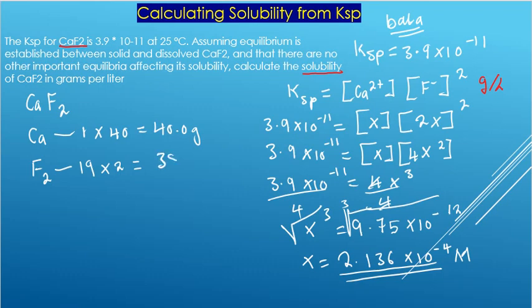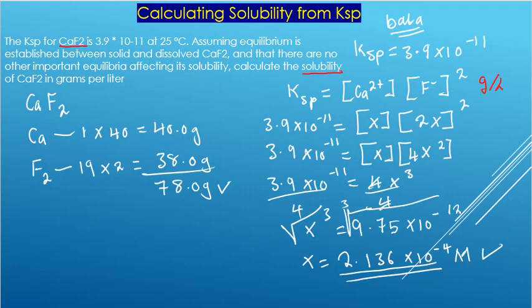I'm getting 38.0 grams. What is the final? Plus 40. So you get your 78.0 grams. So if you multiply this value with this value, then you get everything in grams per liter.